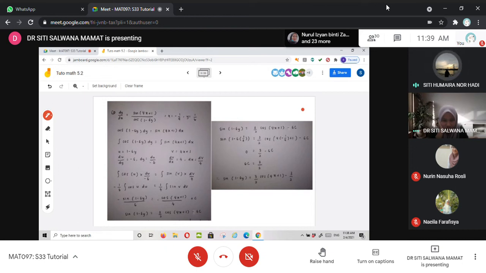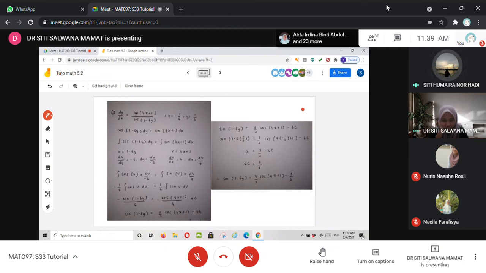Negative per negative 6 kita bawakan keluar, dia jadi negative 1 over 6 integrate cos u du equals 1 over 4 integrate sin v dv. And then masukkan nilai u dan integrate sekali, integrate cos dapat sin, integrate sin dapat negative cos.